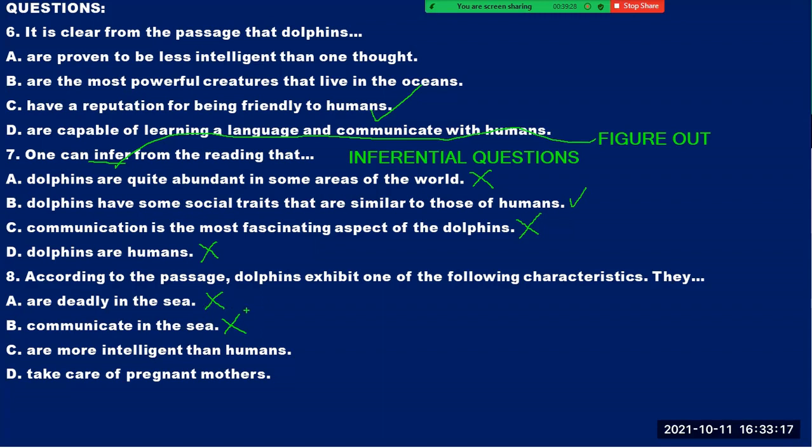In fact, it's strange too. We are not told they are deadly in the sea, all right? They are friendly. So this actually is opposite to the fact we have. Now, option C, are more intelligent than humans. Wow, this is absolutely wrong.